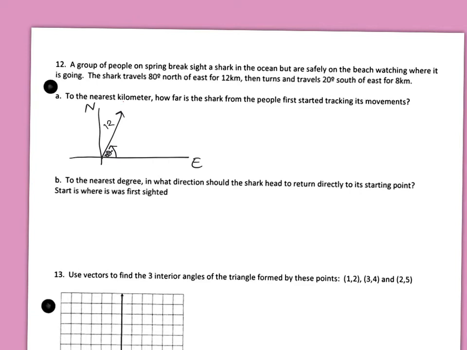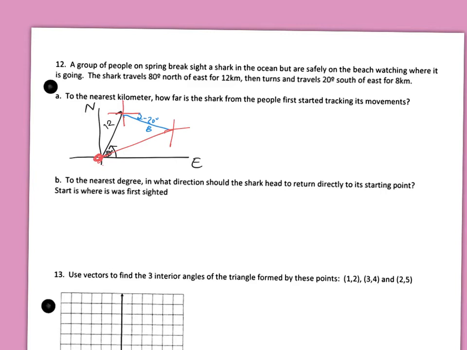Then, of course, we redraw. And now we're going to go south, so 20 degrees south of east. So now we're going to look like this, and this is going to be negative 20, and that's for 8 kilometers. And then, of course, the question says, how far is it from the people? We'll just assume the people were right here at the origin.